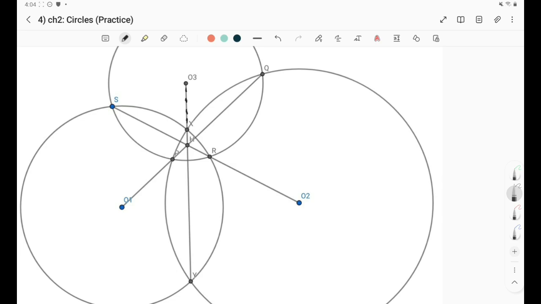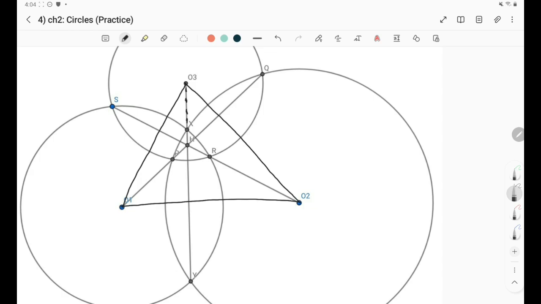Well, guess what? Here we have three centers, O1, O2, and O3, and we have three radical axes. So definitely we should be drawing all the lines joining the centers. So for sure we should go ahead and draw O1, O2. We should do the same for O3, O1, and we should do the same for O3, O2.